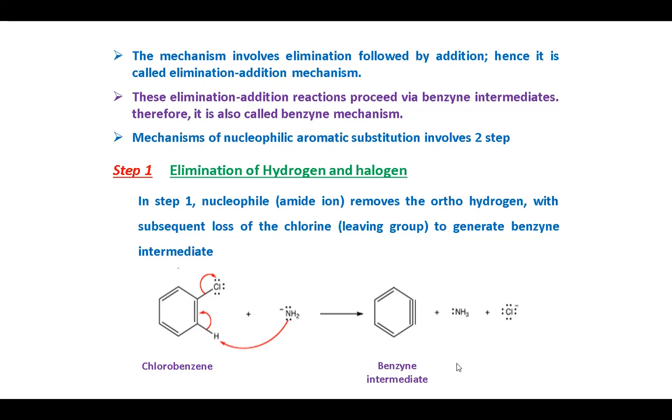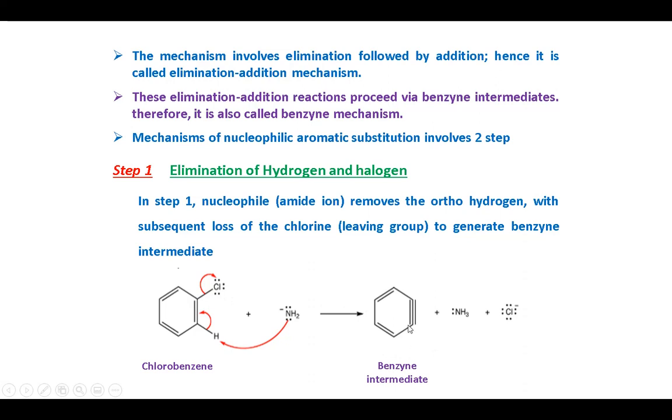The mechanism of nucleophilic aromatic substitution involves two steps. Step 1 is the elimination of hydrogen and halogen. Here, nucleophile, that is, amide ion, removes the ortho hydrogen, with subsequent loss of the chlorine, which is a leaving group, to generate benzyne intermediate.